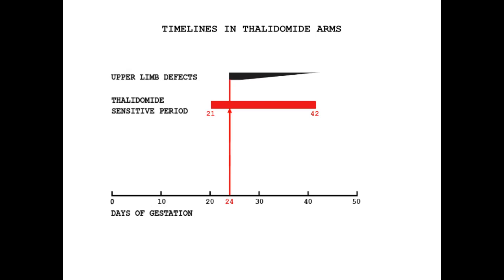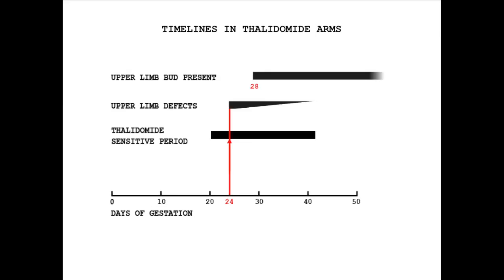Lenz's arrow at day 24 shows when the arm defects were first recorded. However, embryology textbooks state that the upper limb bud does not appear until day 28 in the human embryo. So thalidomide cannot act within limb buds because they don't exist for at least another 4 days after its action.